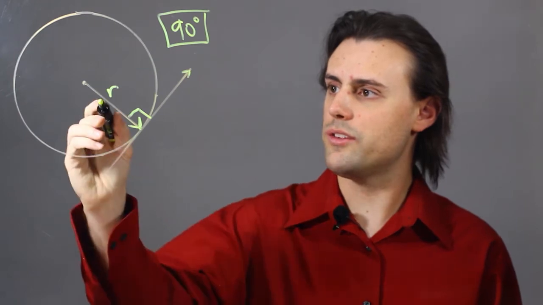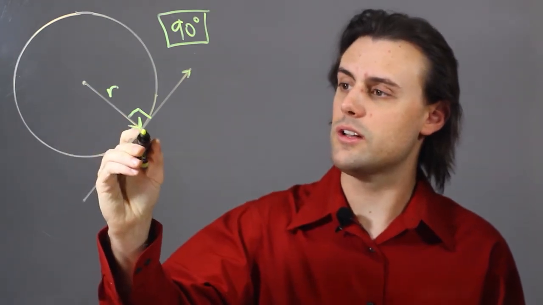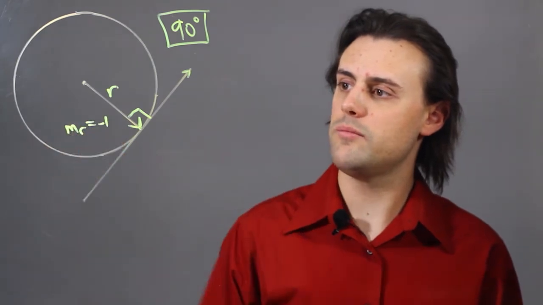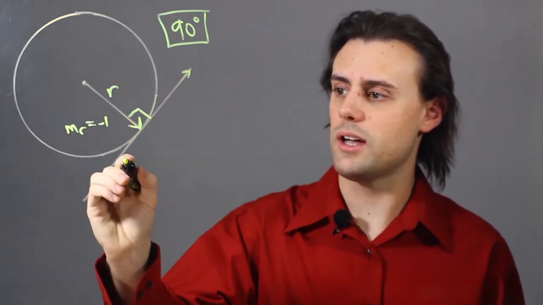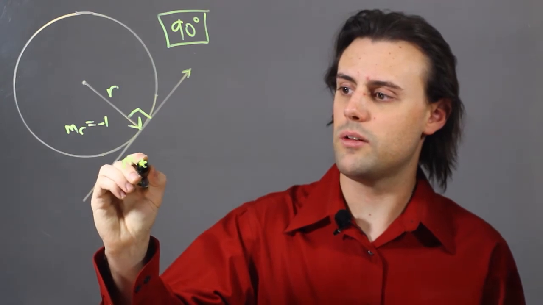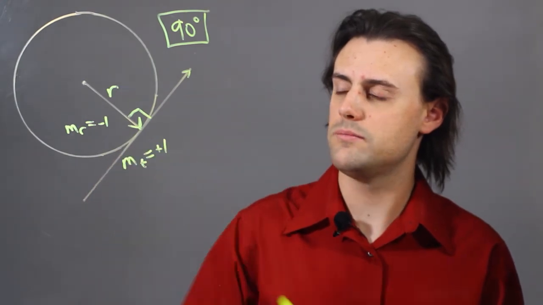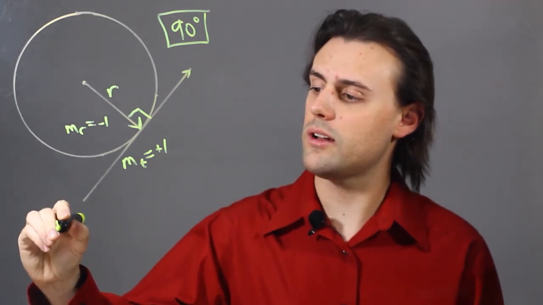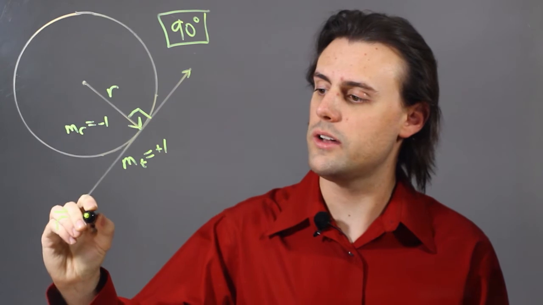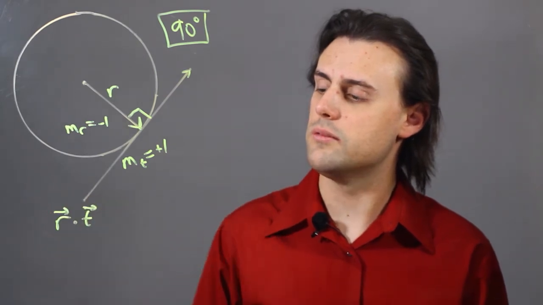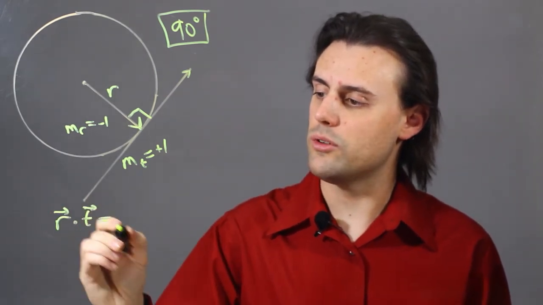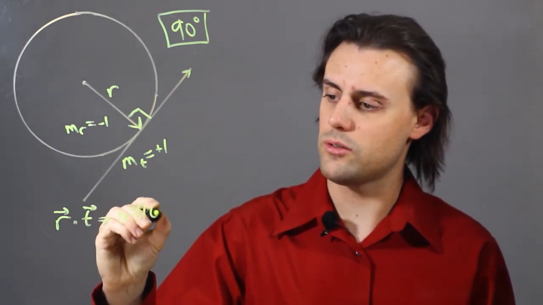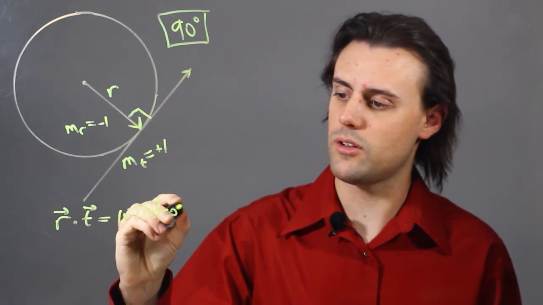So if the slope of my radius vector here, for example, is m sub r equal to -1, and the slope of the tangent line m sub t is equal to +1, then I can write the inner product as r dot t. And this is equal to the magnitude of the radius vector times the magnitude of the tangent vector times cosine theta.